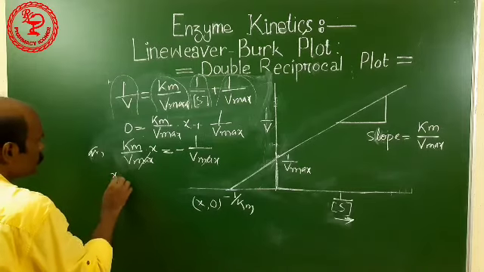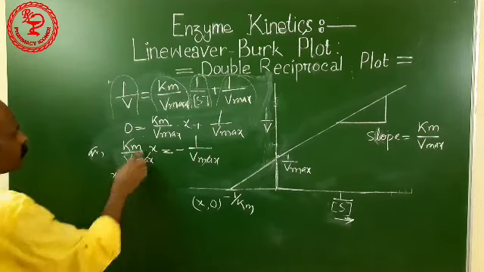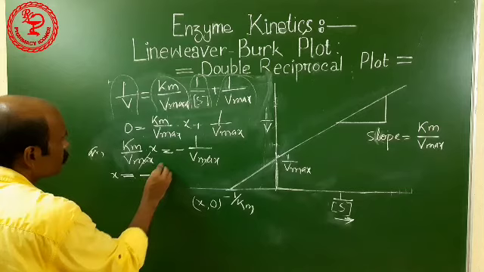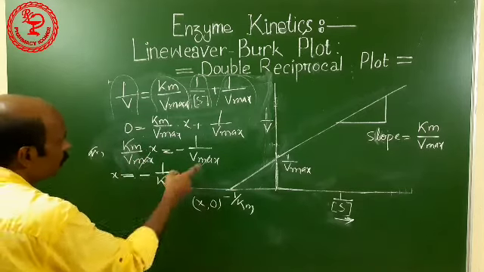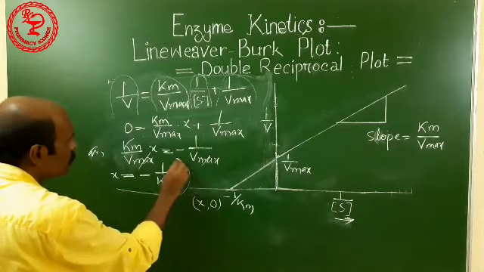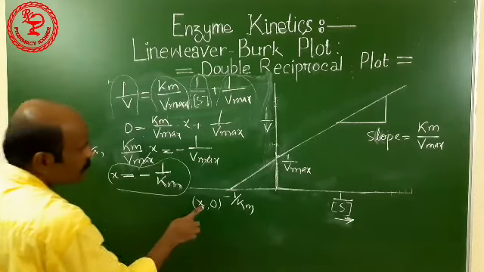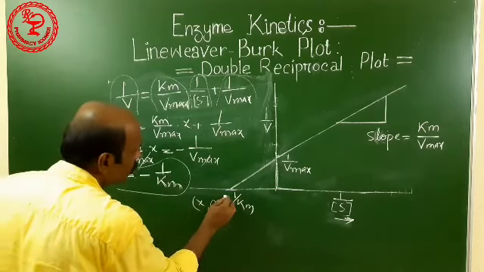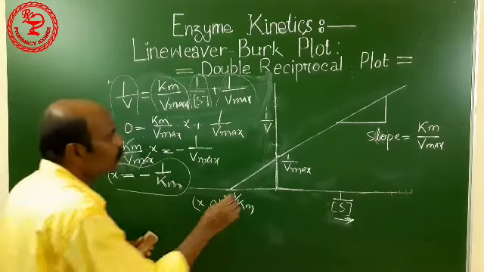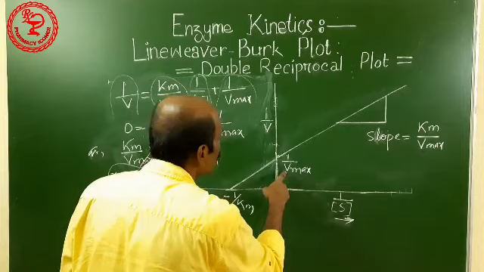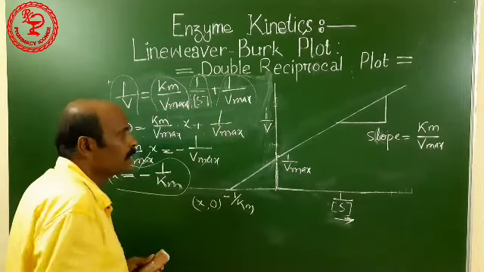So x is equal to minus 1 by Km. So this value is minus 1 by Km. Likewise, we can calculate the other point, which will be 1 by Vmax.